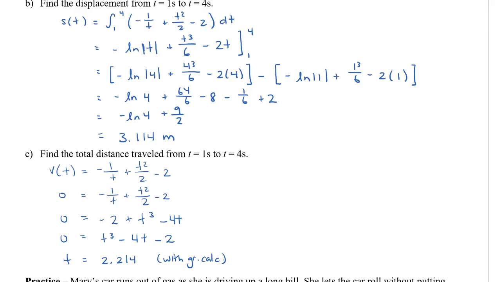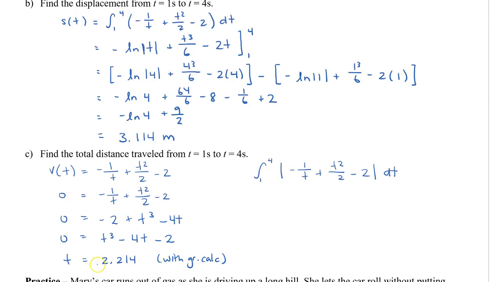So when we do this, we know that's the time where it stops. So what we're trying to do is find the total distance. So really what I want to do is integrate from 1 to 4 the absolute value of negative 1 over t plus t squared over 2 minus 2 dt.